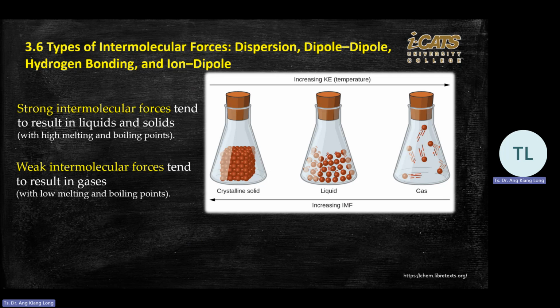If you mention liquid and solid and need to use intermolecular forces, then it will be one of these four forces: dispersion, dipole, hydrogen bonding, or ion dipole. Ionic bonding we already covered in chapter 1. Now we look at covalent bonding.